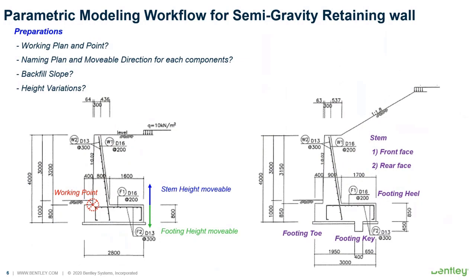We needed some preparation before creating a parametric model. The first step needs a naming plan to create variable dimensions, because the major words in bridge engineering are different in each nation or region.